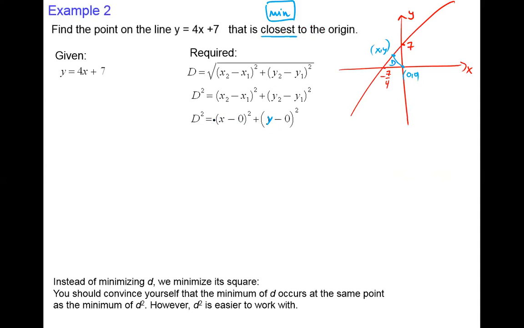That means y will be this, like I did. It's nice and given right away. I don't even have to rewrite anything. And I have x squared and I have y squared, and y is 4x plus 7.